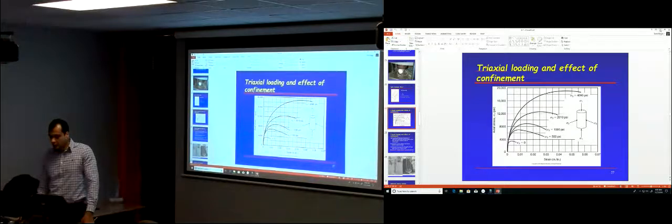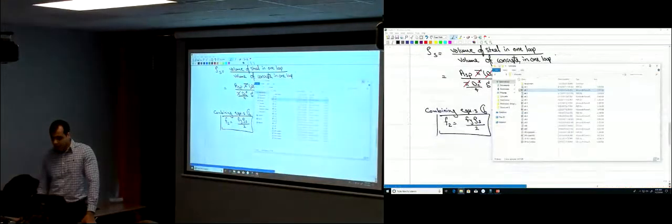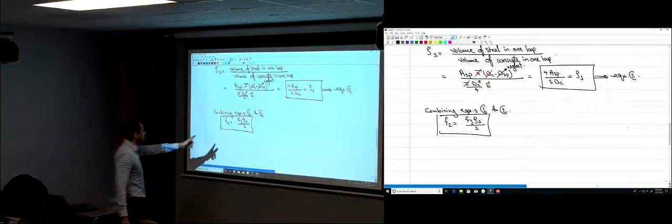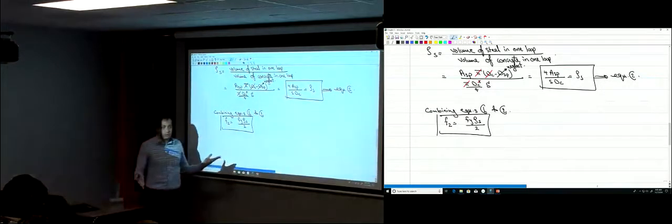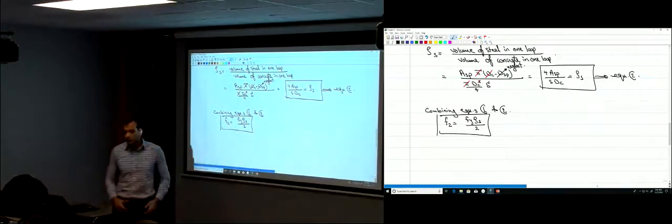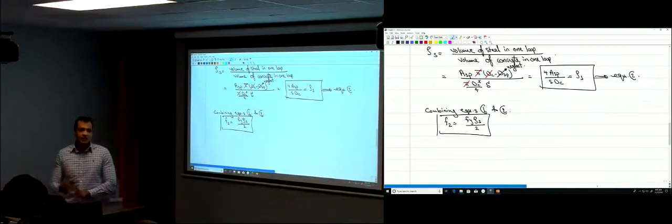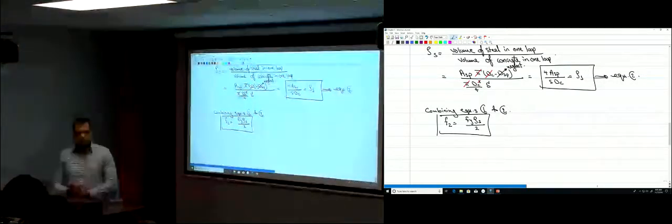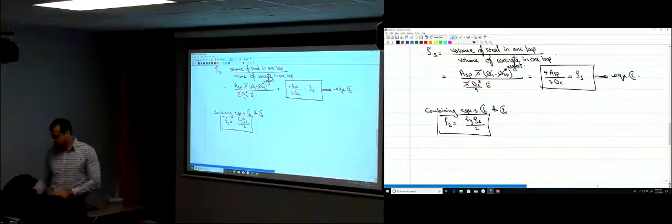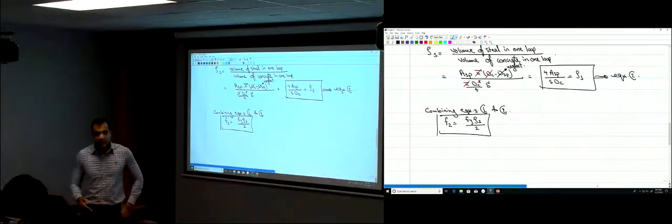So actually that's what we have now. You have a confining stress of F2, right? You're confining the core of the concrete with that magnitude. So the longitudinal stresses will increase. By how much?